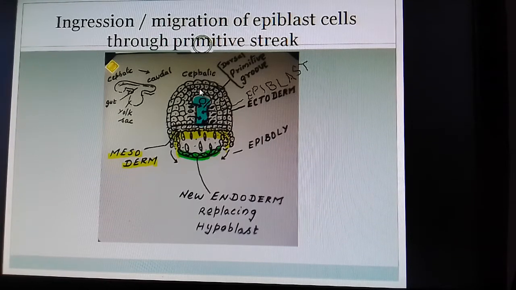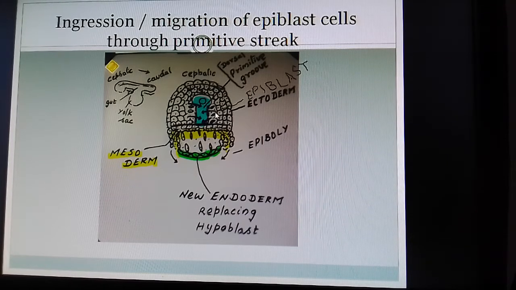That way it gives way for the extension of the axial skeletal structures. So you can assume it to be the midline. So disappearance of the primitive groove gives space for the cephalic to caudal movement of the axial structures to form in the developing embryo.